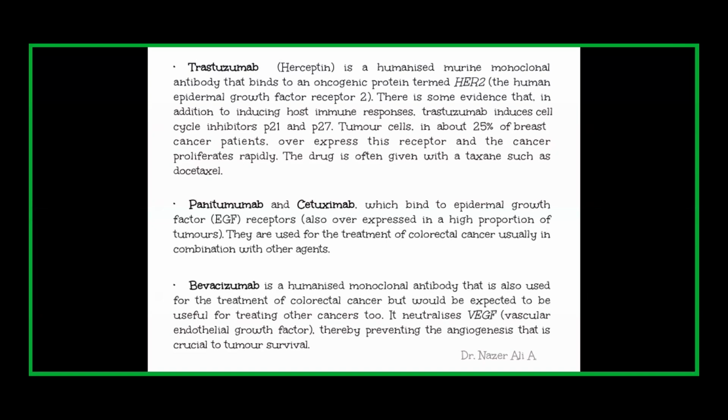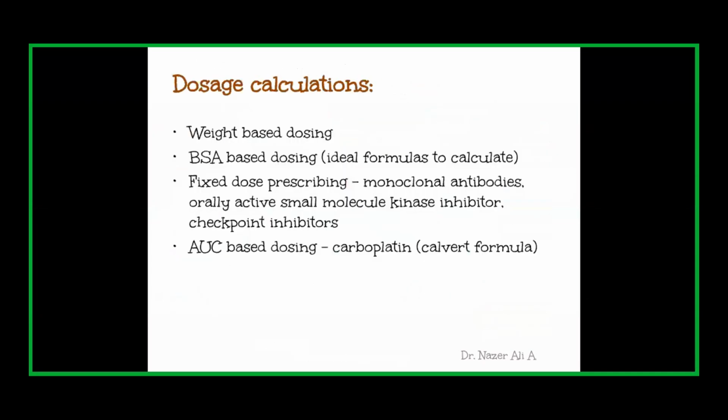And we have bevacizumab, used in the treatment of colorectal cancer, which is targeted against vascular endothelial growth factor. Cetuximab will be targeted against EGF receptors. So these targeted drugs will be targeted against certain proteins or receptors present on the surface of the cell.